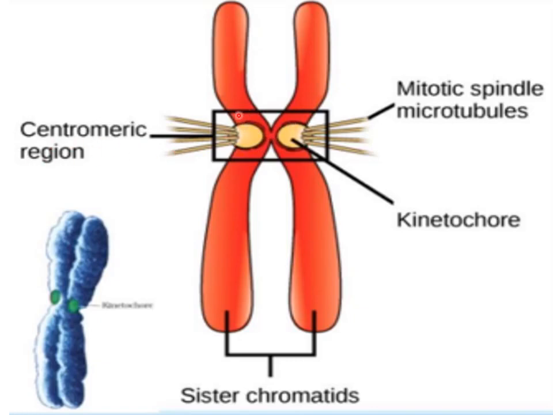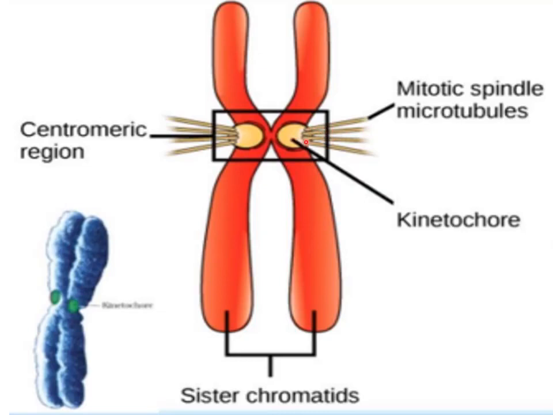Around this centromeric region, you can see this disc-like structure just above it. This is called the kinetochore. This provides the surface for the attachment of the mitotic spindle at the time of cell division. At the time of cell division, there is a need for separation of the chromosomes also, so here the mitotic spindles attach.